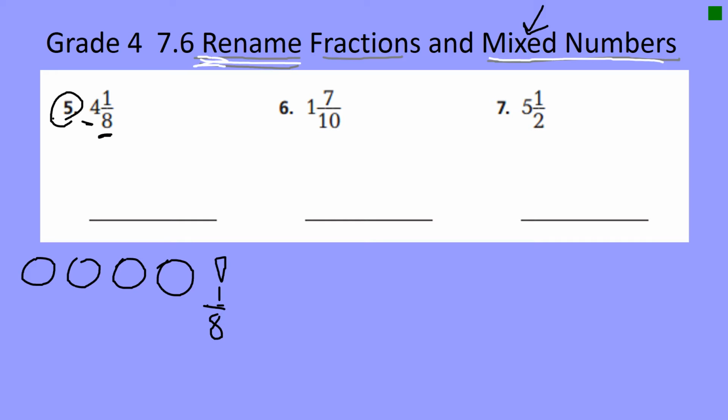So in 4 1/8, each of these cookies is made of 8 equal parts. So the first cookie has 8 equal parts. The second cookie has 8 equal parts. Third cookie, 8 equal parts. Fourth cookie, 8 equal parts.